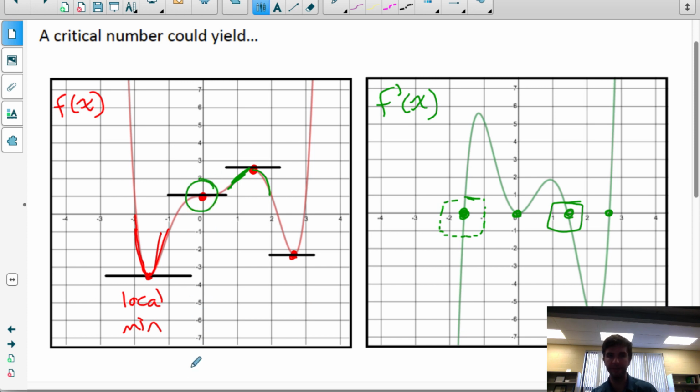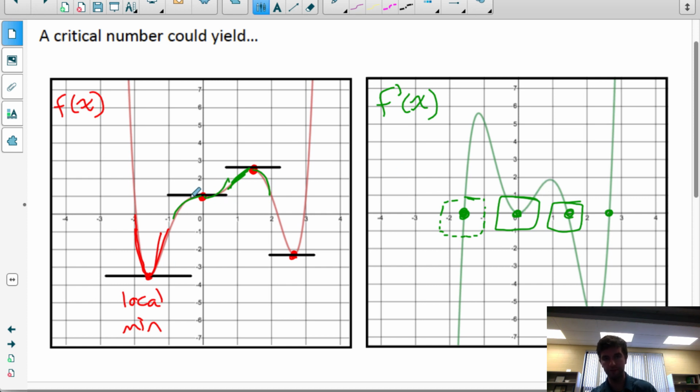Notice that this one here is not a local min or a max. How could we tell by looking at this portion of the graph of the derivative that it's not going to be a local min or max? Well, before that point, we have positive y values for the derivative, which means the function is increasing before the point. And then after the critical number, we also have positive y values, which means the function continues to increase.